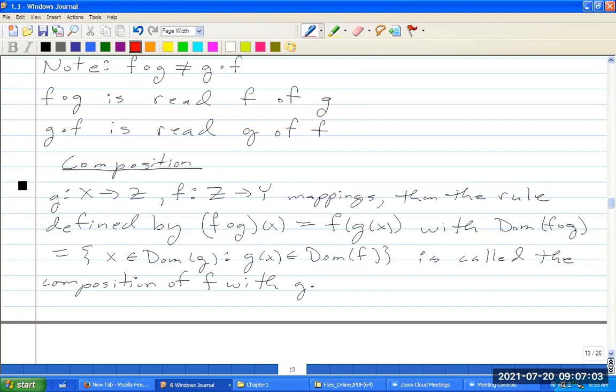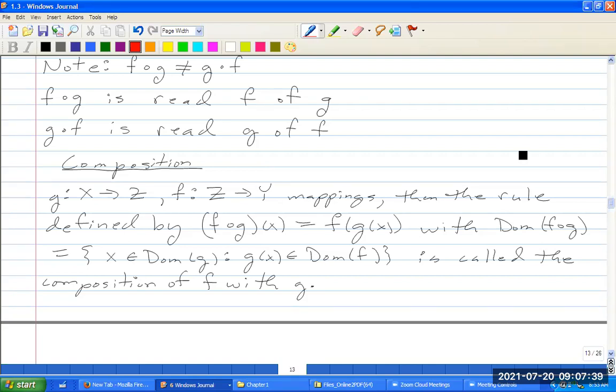Let G map the set X into the set Z. Let F map the set Z into the set Y. So let these be mappings, rules.